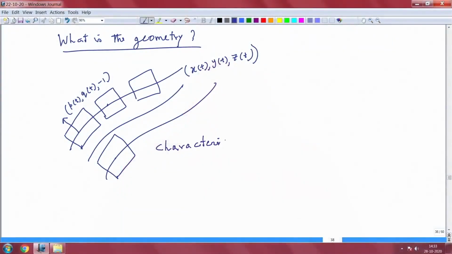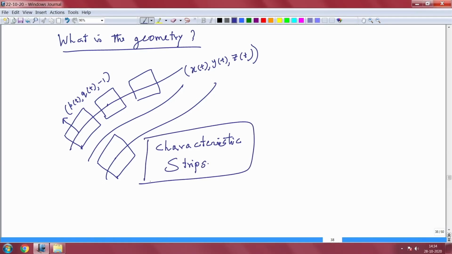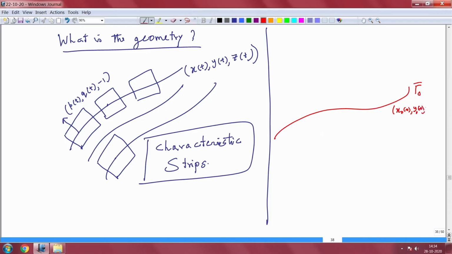Characteristic strips. Let me tell you once more. You have your lifted initial curve, gamma naught bar, which is nothing but x naught of s, y naught of s, z naught of s.